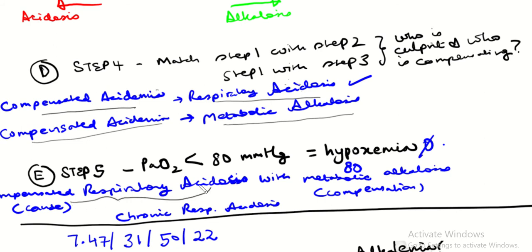Yes, that's the cause. However, you also have a metabolic alkalosis. So compensated respiratory acidosis with metabolic alkalosis. The metabolic side is trying to compensate, and it is, that's why it's chronic respiratory acidosis. Hypoxemia, again, remember it's less than 80? PaO2 is greater than 80, so there's no hypoxemia. Done. Easy.